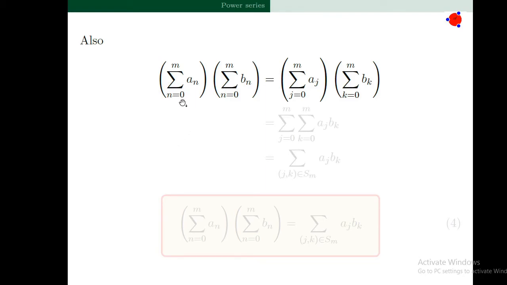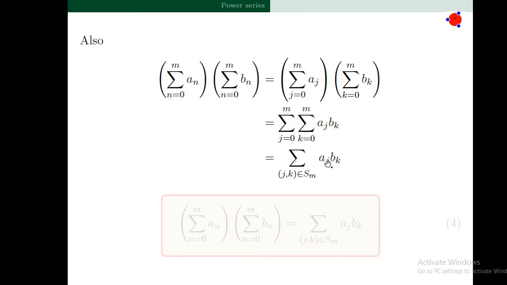Now consider the m plus 1 th partial sum of an, that is summation n equal to 0 to m of an, and the m plus 1 th partial sum of the series sigma bn. So the first term can be written, replacing n by j, as j equal to 0 to m of aj, and the second as k equal to 0 to m of bk. But this is equal to summation j equal to 0 to m, summation k equal to 0 to m of aj bk. Here j runs from 0 to m and k varies from 0 to m.